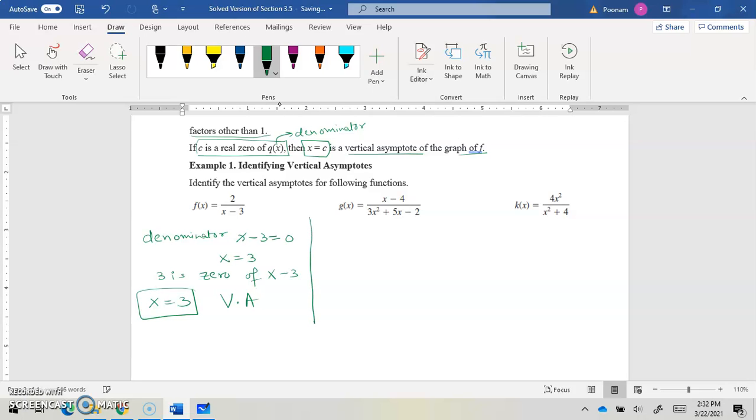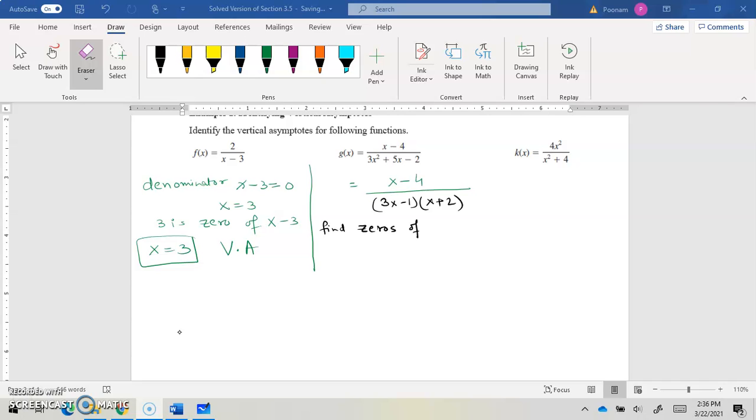Let's try another example. g(x) is given to be (x minus 4) divided by (3x squared plus 5x minus 2). Let's first factorize the denominator. When I factorize the denominator, it is (3x minus 1) times (x plus 2).